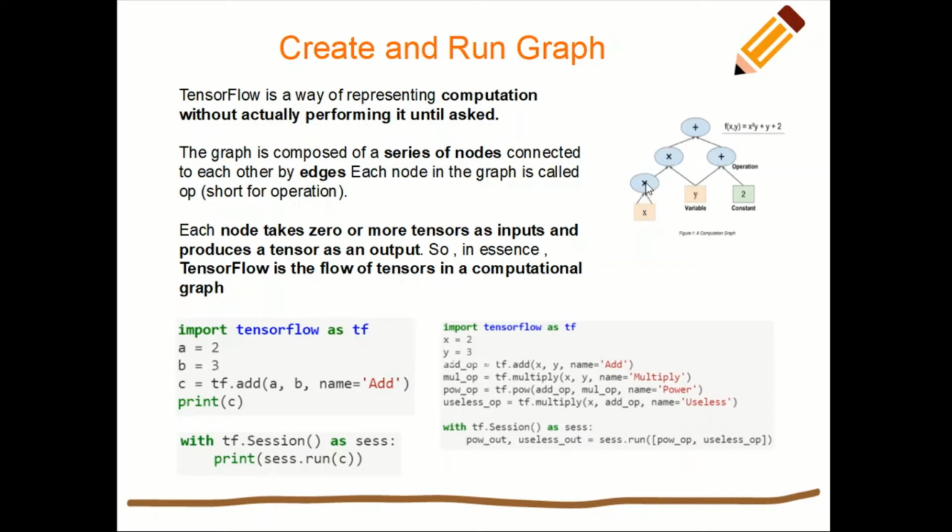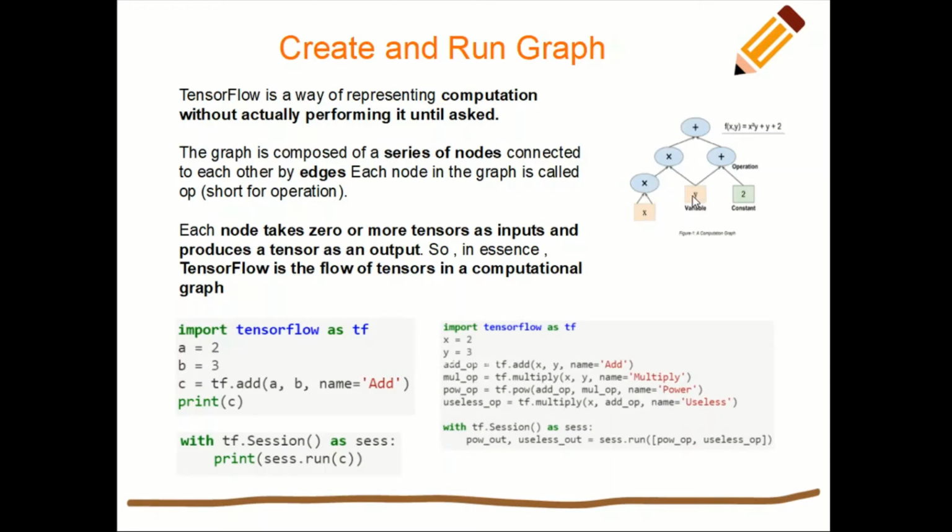This particular node which is calculating x square, we are giving this x twice as an input, and we are multiplying this. So there is a multiply operation. As you can see, a node is representing an operation here. So x multiplied by x, we are going to get x square here.